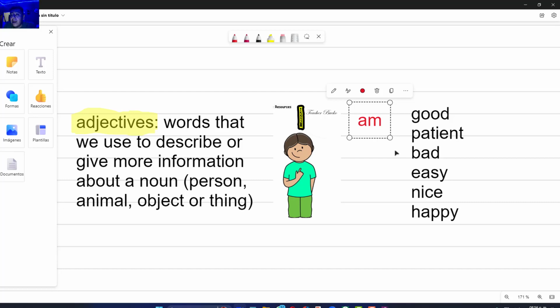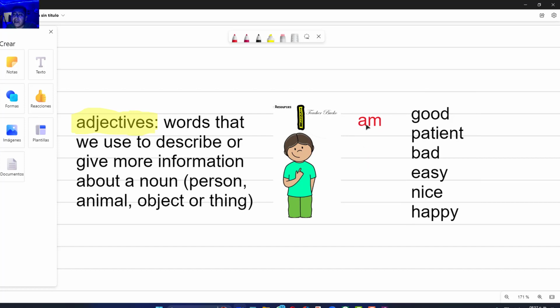With adjectives, there is another common verb that we use, I get, and we use this for those adjectives that we want to say as a verb. I get happy when I see you. I get impatient when, I don't know, I wait for too long. Okay? Or we can say something like I'm a bad person, I'm a good person, I am a happy person, right?